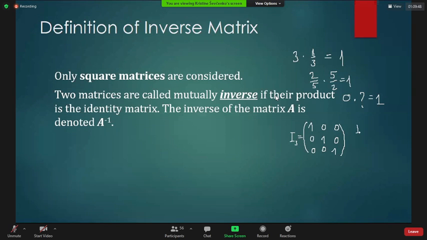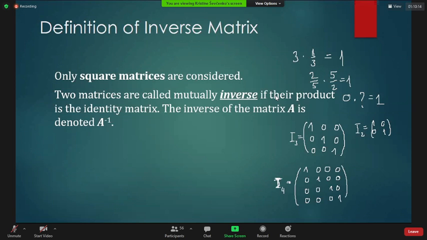Second order identity matrix or unit matrix would be 1, 0, 0, 1. Fourth order identity matrix would be 1, 0, 0, 0, 0, 1, 0, 0, 0, 0, 1, 0, 0, 0, 0, 1. That would be the fourth order. That's I, that's not T.